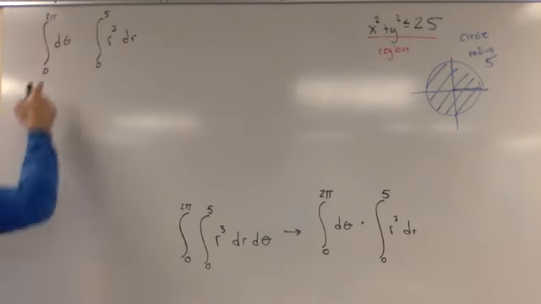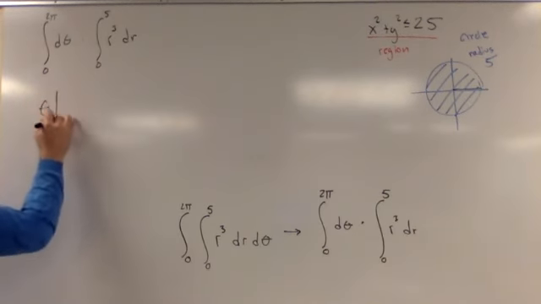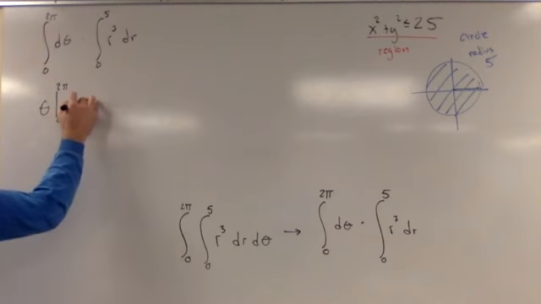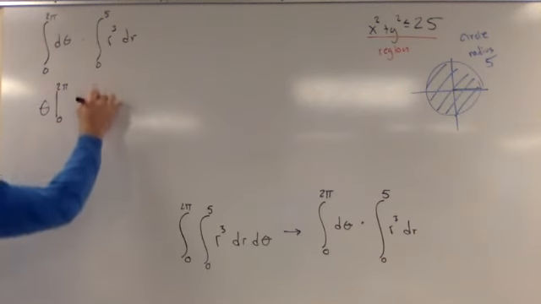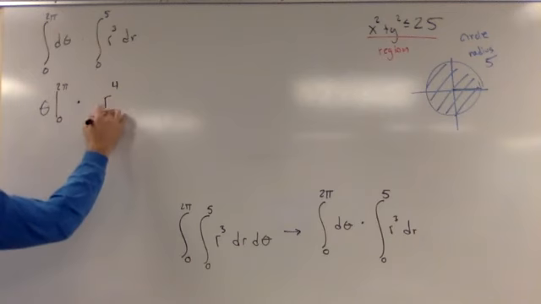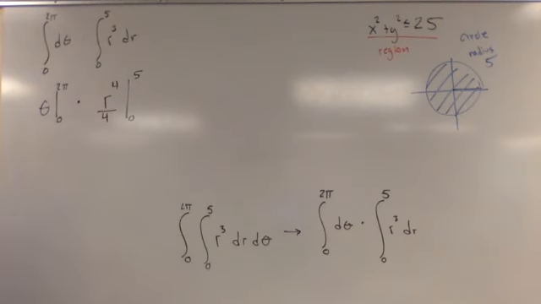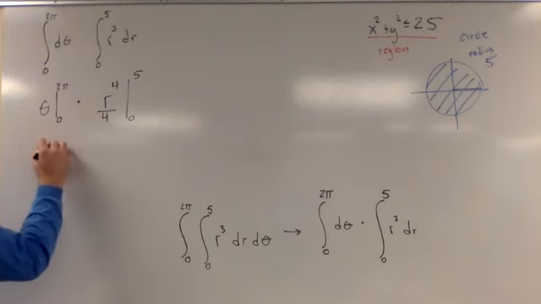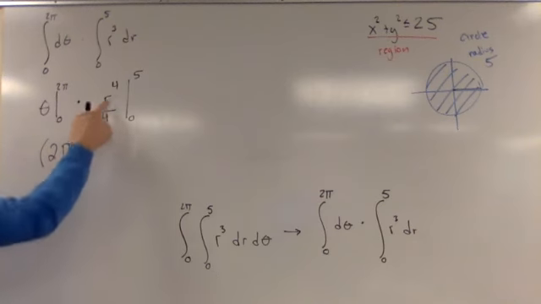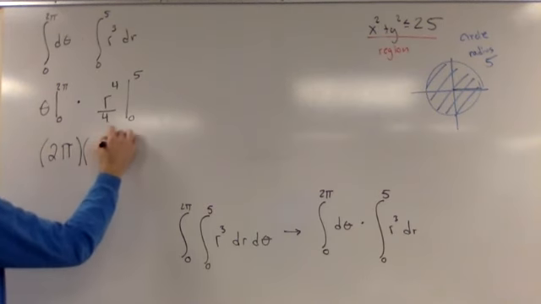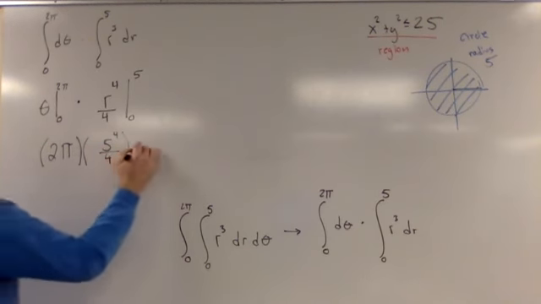Now solving this, the antiderivative gives me theta evaluated between 0 and 2 pi. I'm going to multiply that by r to the 4th over 4 evaluated from 0 to 5. So this is going to turn into 2 pi times 5 to the 4th over 4.